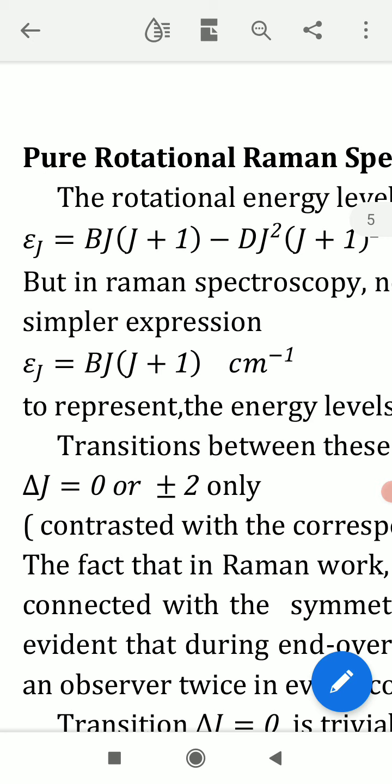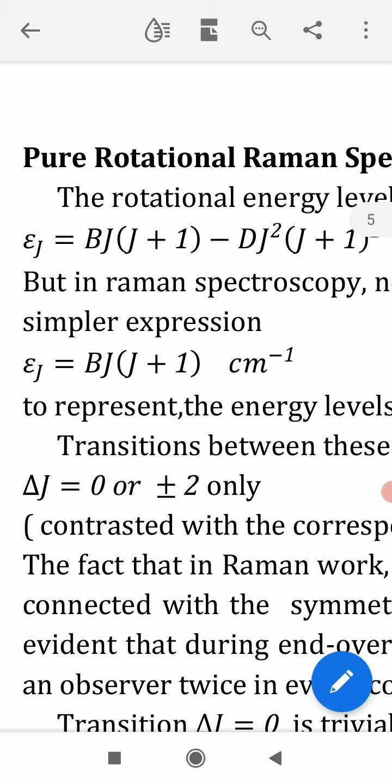If we write angular momentum by L, then this becomes L squared upon 2I, and according to quantum theory, angular momentum L, which we write for I omega, is square root of j(j plus 1) times h cross.